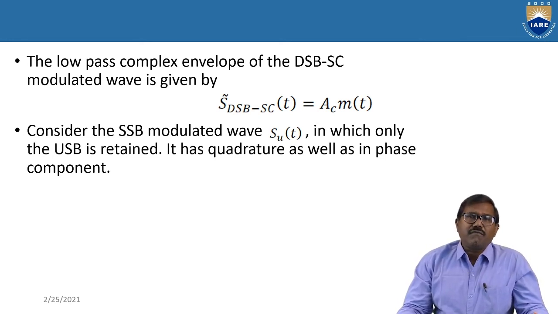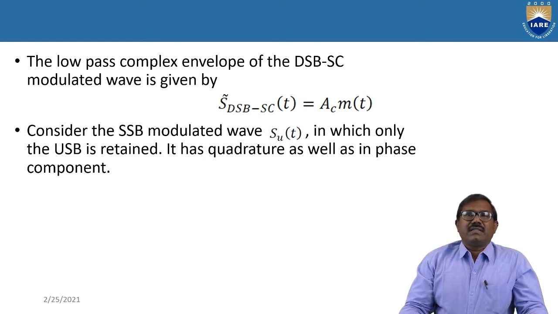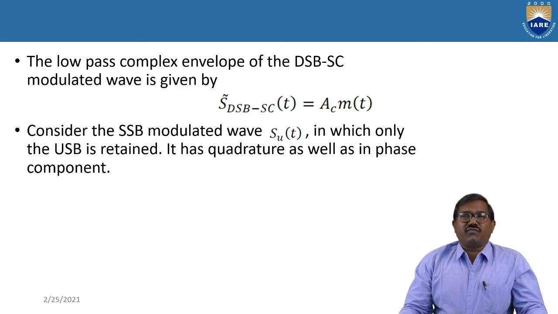It's just a product of the carrier signal and the message signal. So here we have the low pass complex envelope of this DSB-SC, s̃_DSB-SC(t), which is equal to Ac m(t).